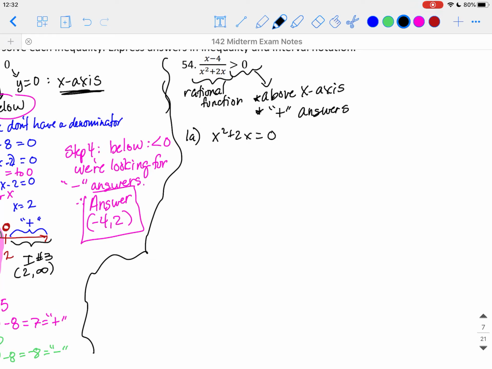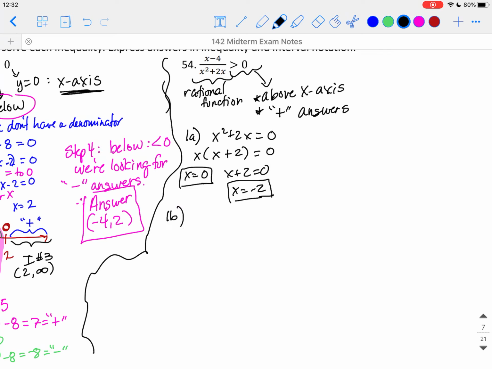You can solve it by factoring, by completing the square, or using the quadratic formula. This is factorable. They both have an x. So it's going to be x times x plus 2. And we set each factor equal to 0 and we solve for x. So we have that one and we have that one. For 1a anyway.